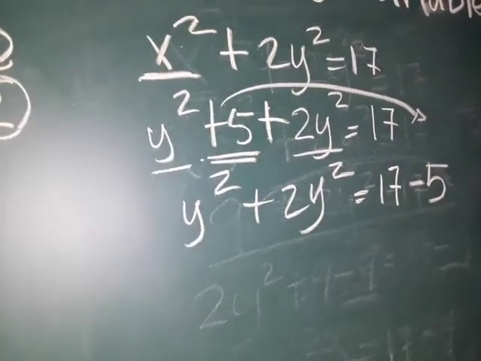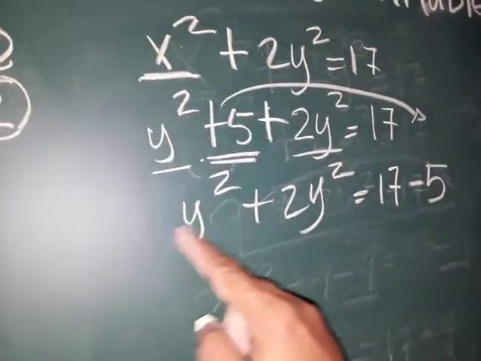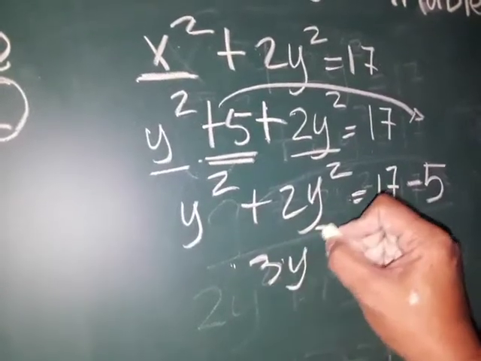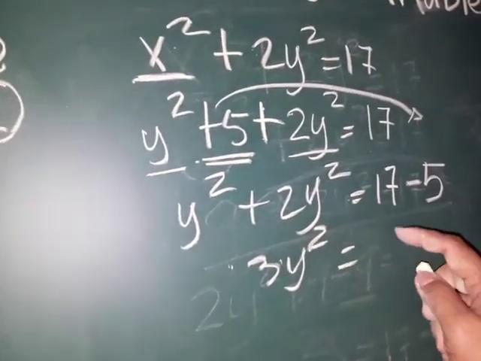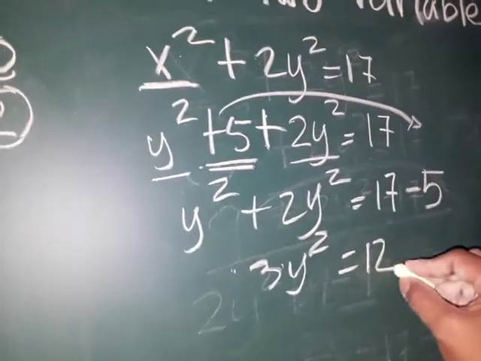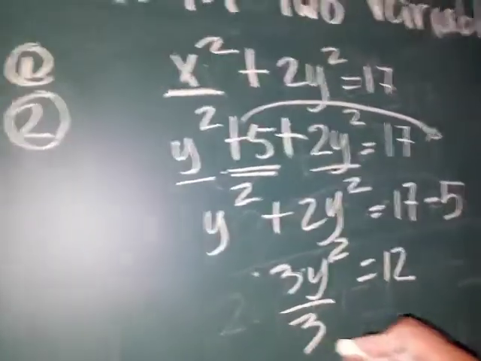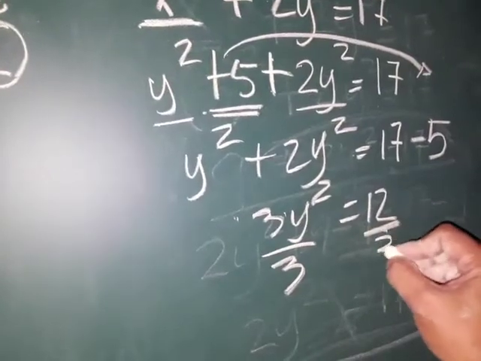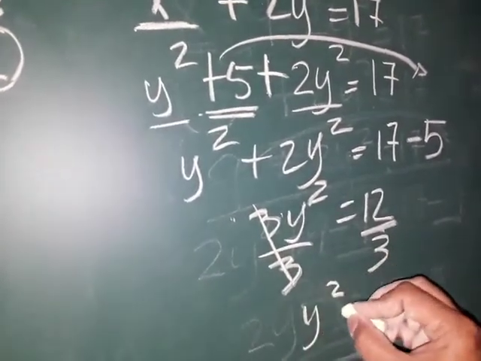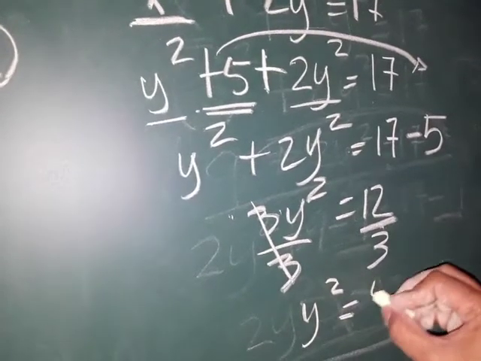Change the sign. Now we have 1y squared plus 2y squared, so 3y squared is equal to 17 minus 5, which is 12. Divide by 3. Cancel. Y squared is equal to 4.